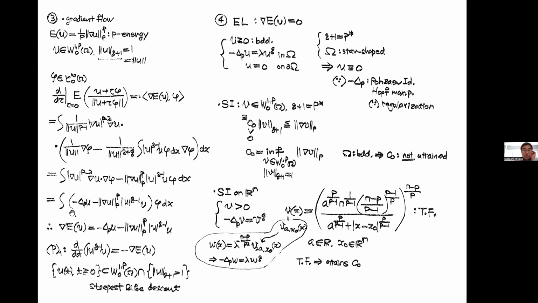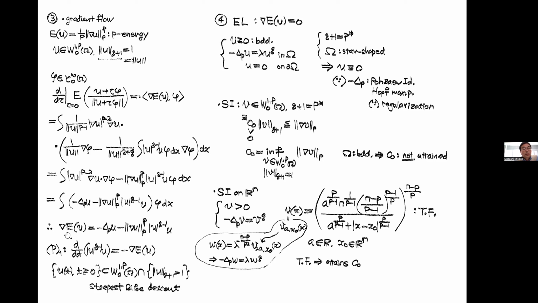Finally, by integration by parts, this first variation is equal to the integral over omega of minus p-Laplace of u minus p-energy times |u|^(q-1) u, multiplied by phi. This is the representation of the first variation.